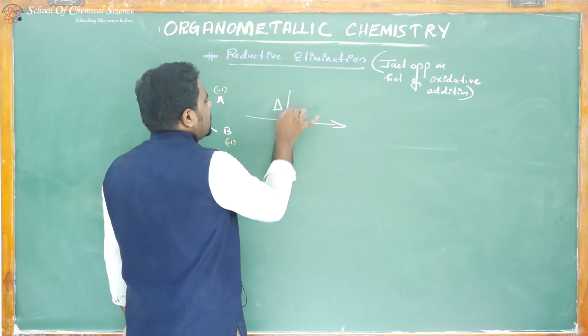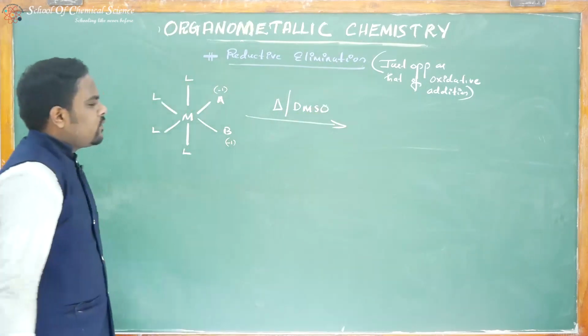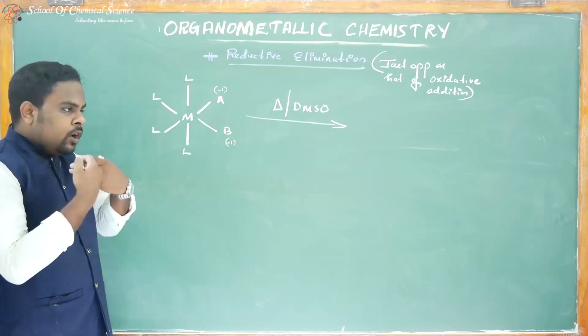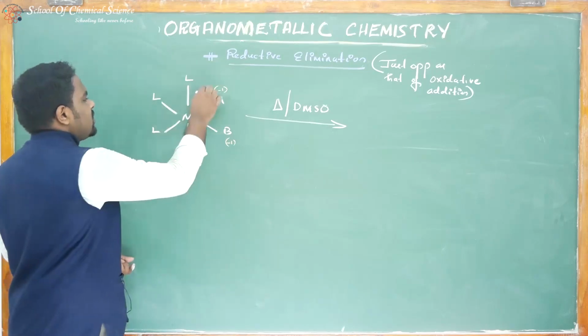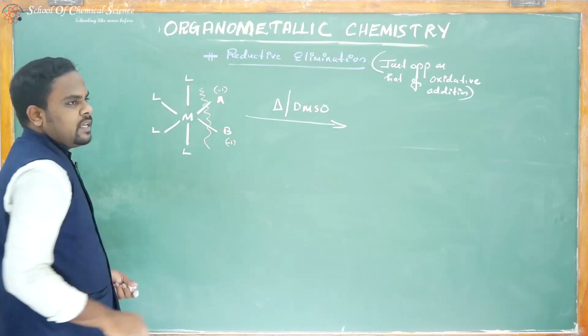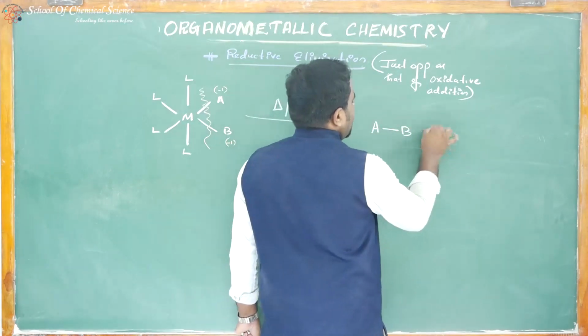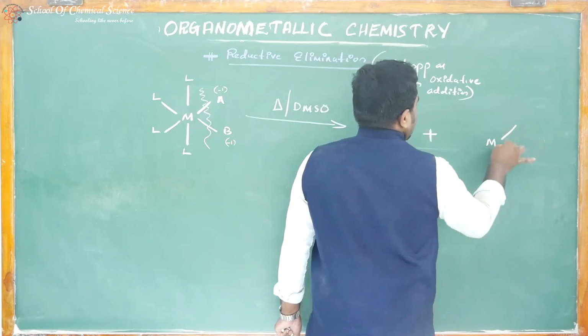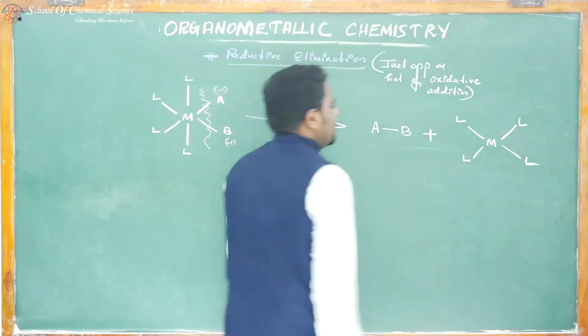Heating in the presence of a solvent like DMSO, the reaction is just opposite. That means A and B are eliminated, so your product will be AB plus ML2.